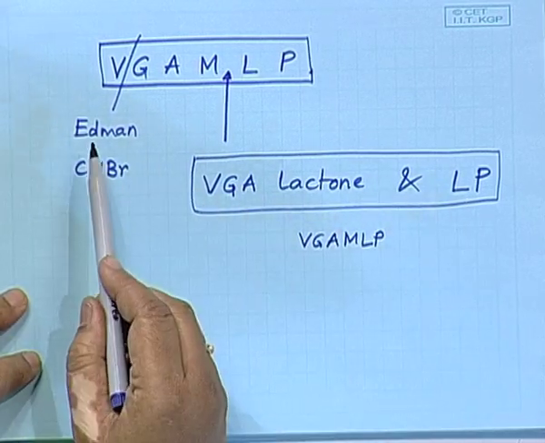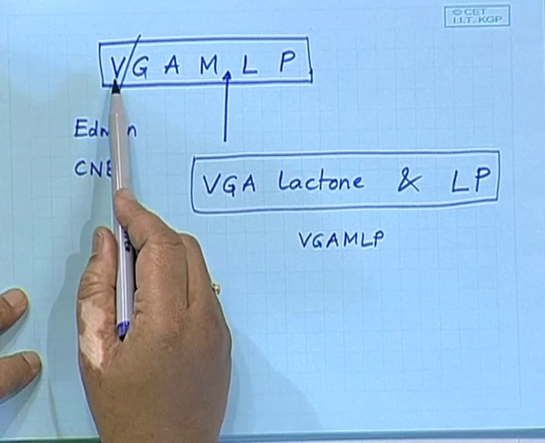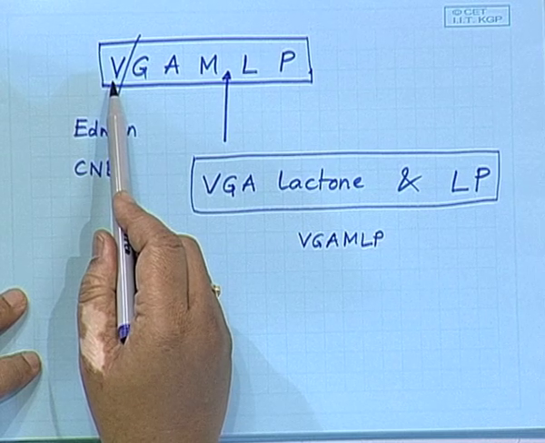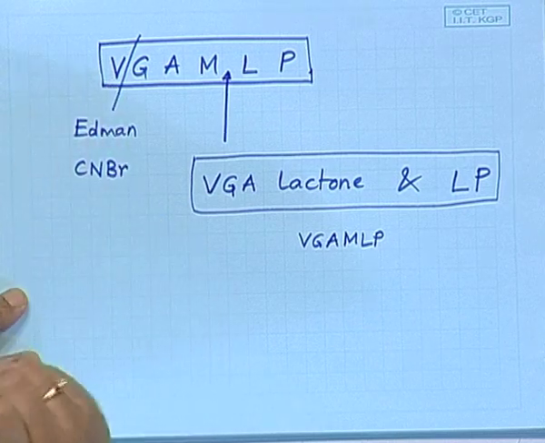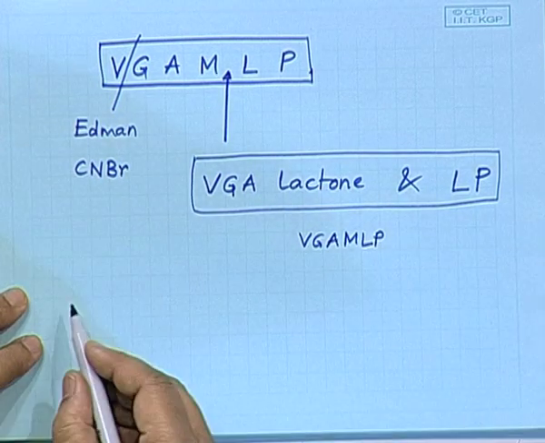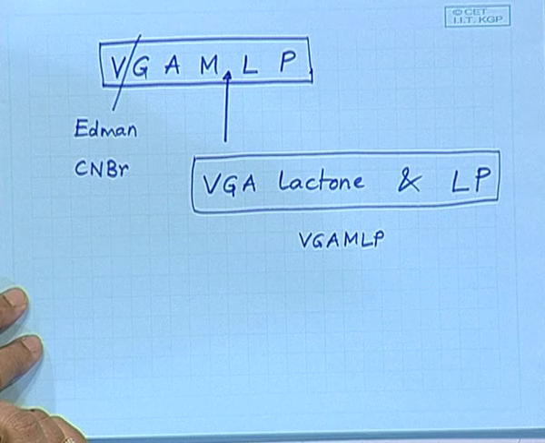If I do Edman's degradation, I am going to figure out which one is the amino terminus of the peptide chain. Okay? So, this gives us a way to actually fragment out the polypeptide chain.